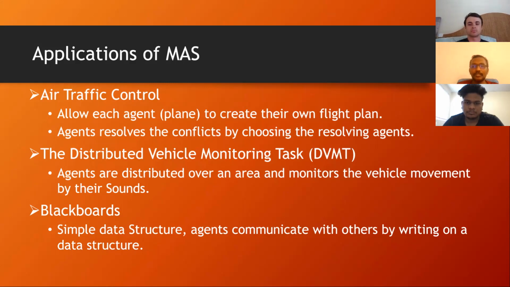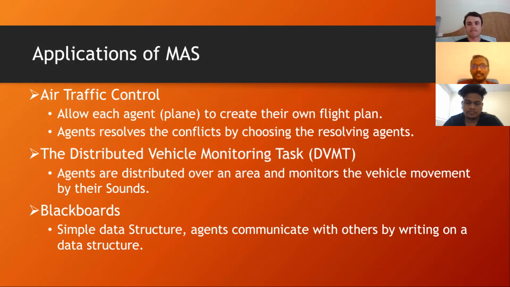And the other application is the distributed vehicle monitoring task. It is used for monitoring the vehicles in a particular area. Here the agents are distributed globally, where each agent, with the sounds of the vehicles, detects the type of the vehicle, its motion and its exact location.